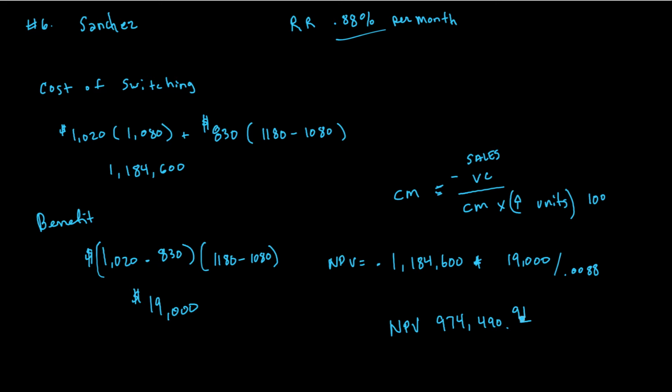All right, so let's look at number 7. Number 7 deals with Provenza Manufacturing. So Provenza Manufacturing uses 2,100 switch assemblies per week, and then reorders another 2,100.